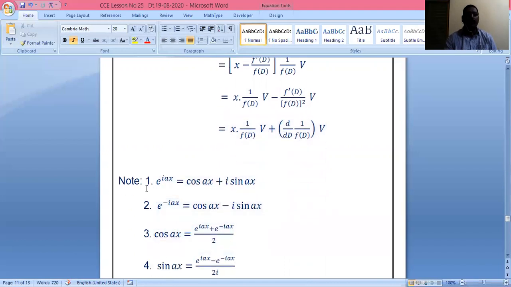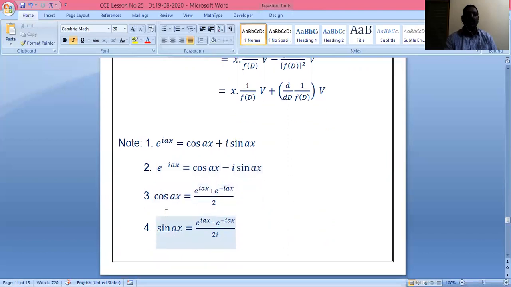Note 1. e power iax is equal to cos ax plus i sin ax. Note 2. e power minus iax is equal to cos ax minus i sin ax. Note 3. cos ax is equal to e power iax plus e power minus iax by 2.